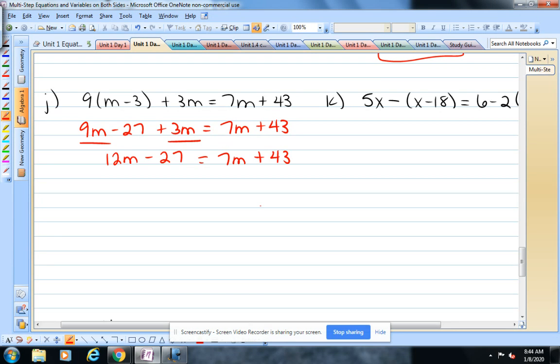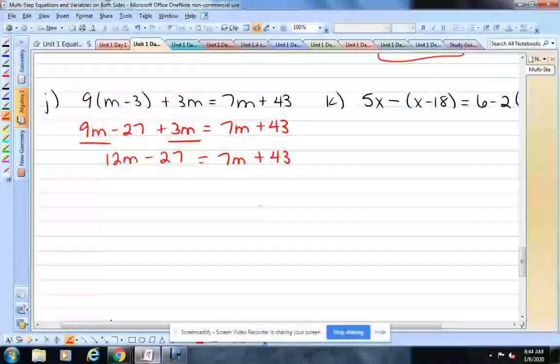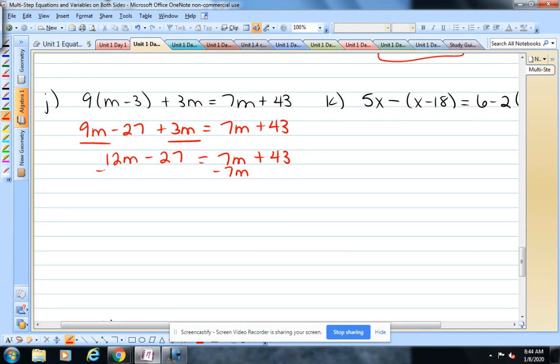Okay. So now I've simplified each side separately. So now I can start crossing the equal sign. Now, after I do that, I want to get my variables together first. So somebody tell me one way I can get my variables together. Subtract 7m. And what is 12m minus 7m? So 5m minus 27 equals 43.